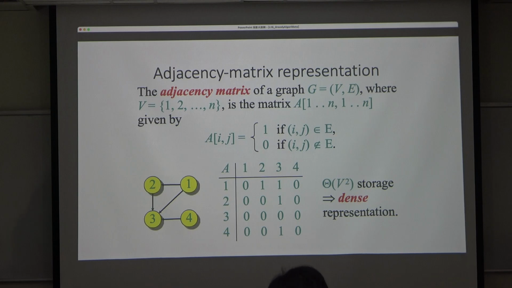A dense graph means that the number of edges is theta of V squared. So what do we mean by a lot of edges? It's in the order of V squared. In that case, we prefer to use the adjacency matrix.